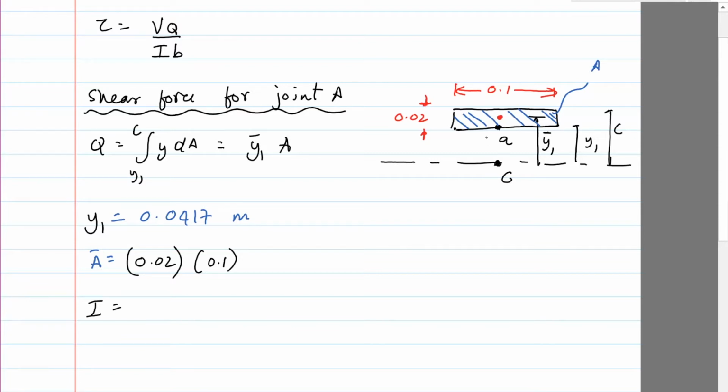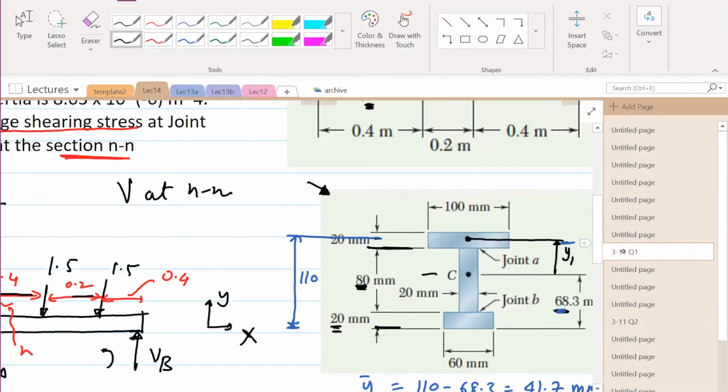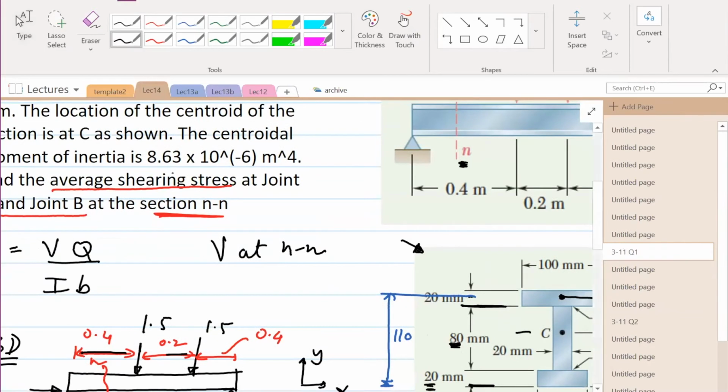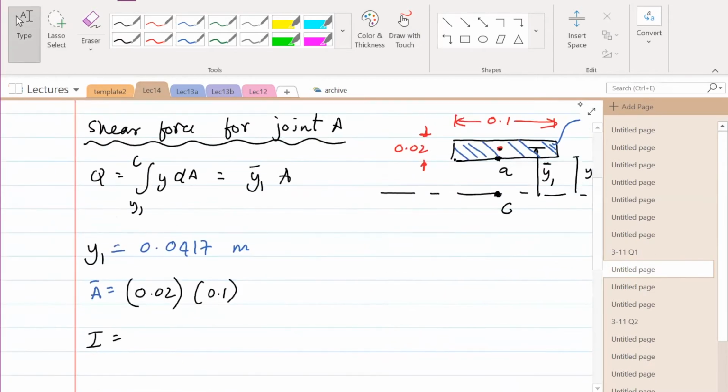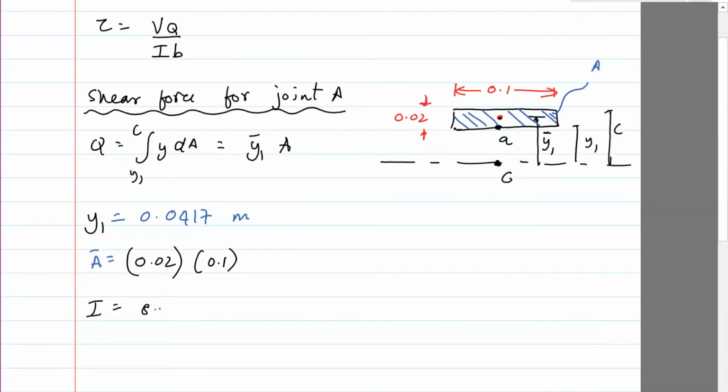So it will be the inertia of this thing about the centroid, plus then you need to use the parallel axis theorem to find inertia about C. It so happens that in this case, you're given the inertia. It's given as 8.63 times 10 raised to negative 6. So I just use that. 8.63 times 10 raised to negative 6 meter raised to 4.